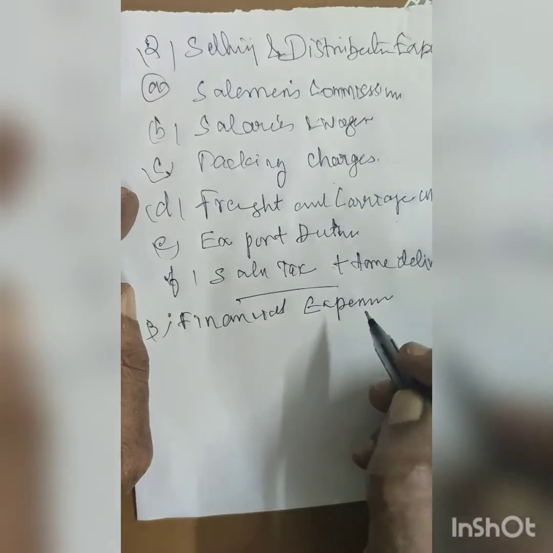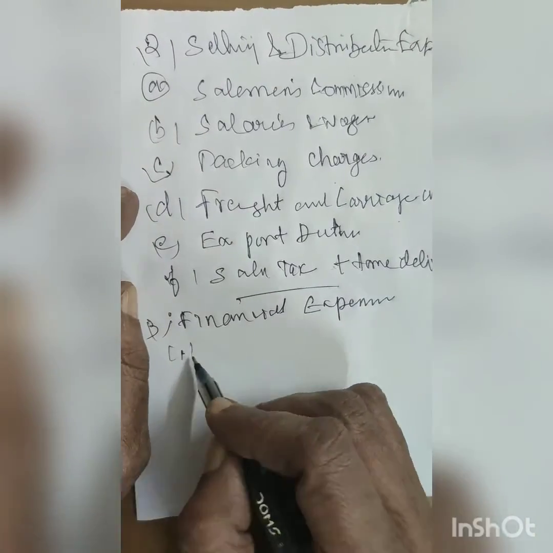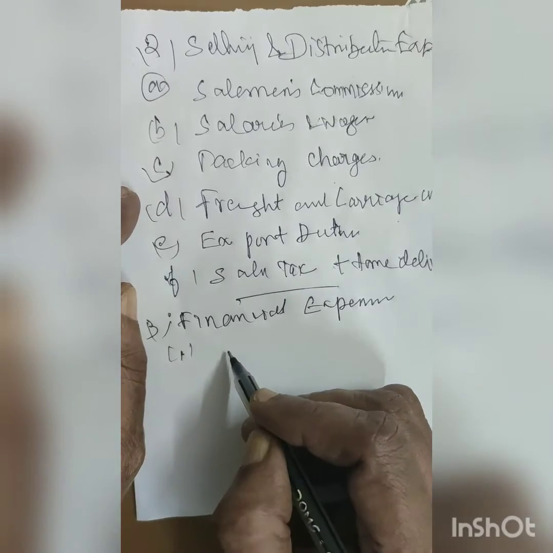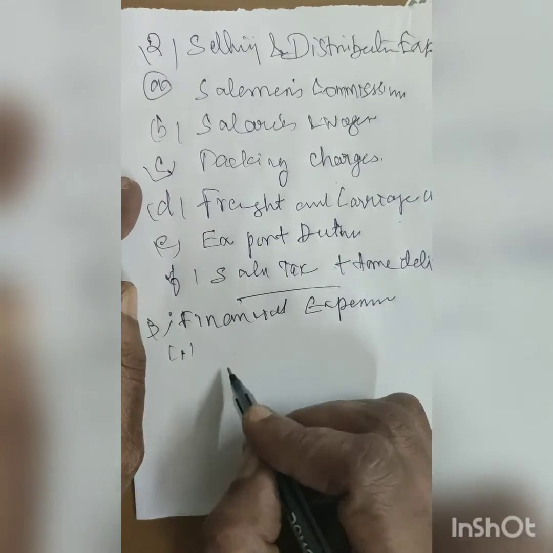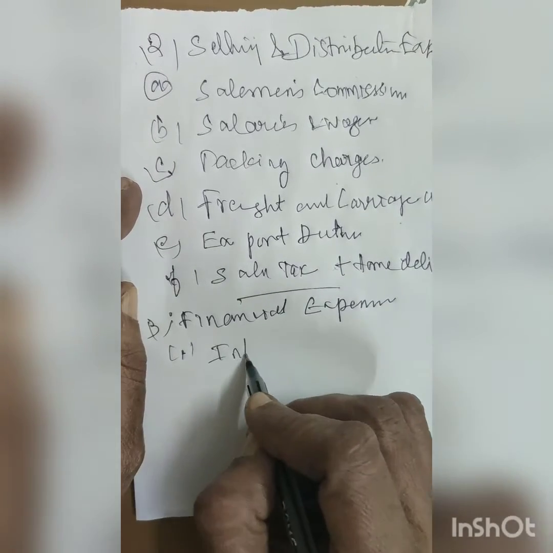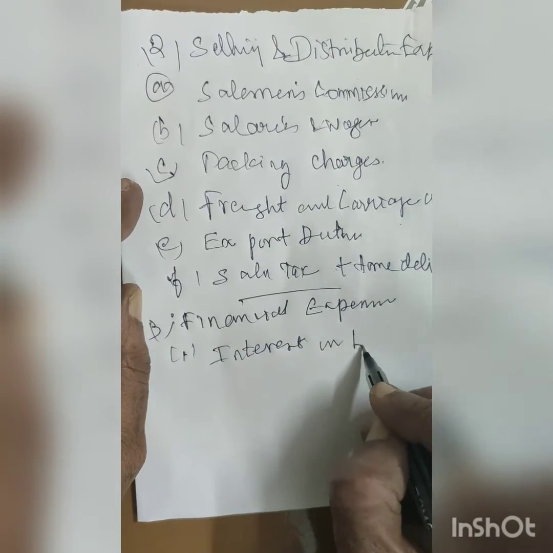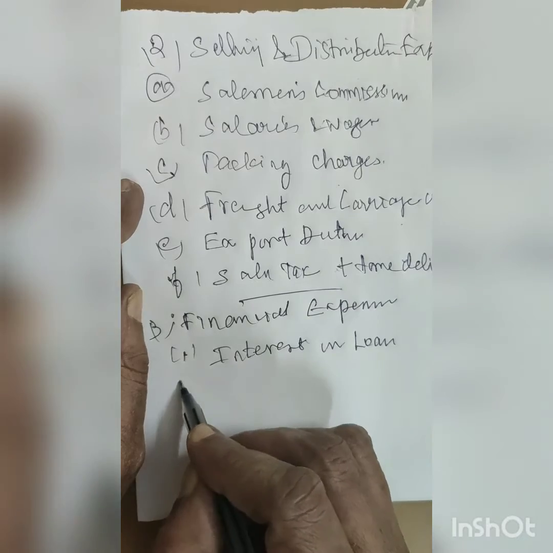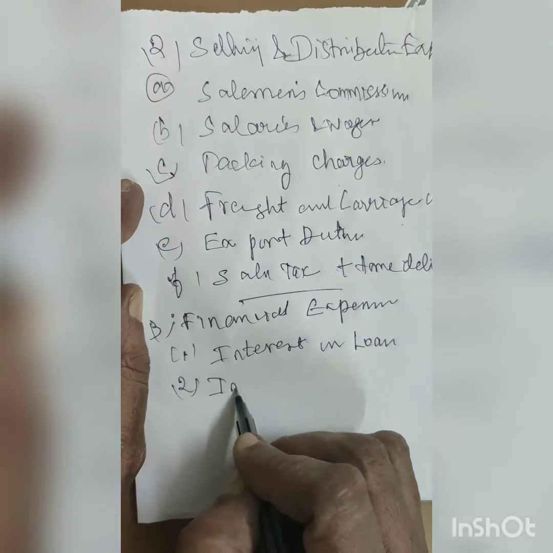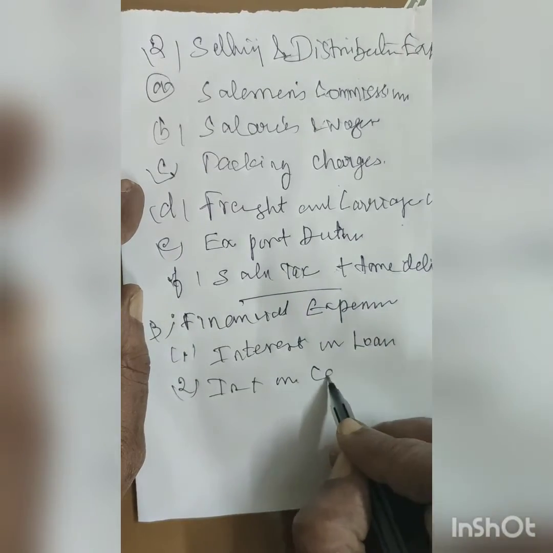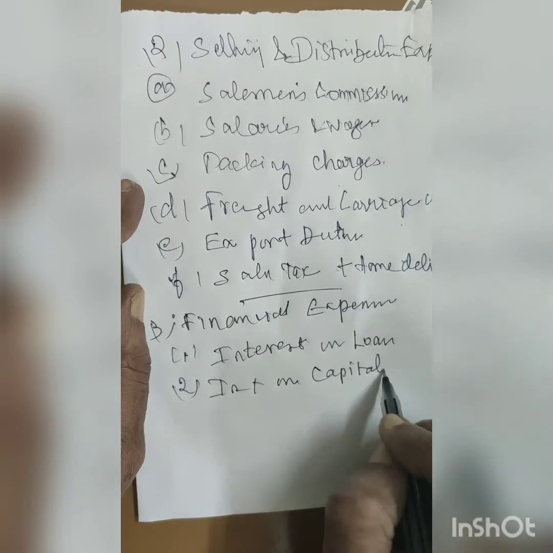Now let us see what we mean by financial expense. If a loan is taken, they have to pay the interest on the loan. So, interest on loan. Number 2, interest on capital. That means it should be paid to the owner.